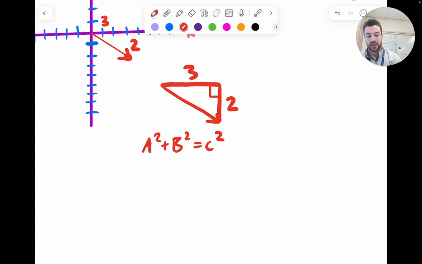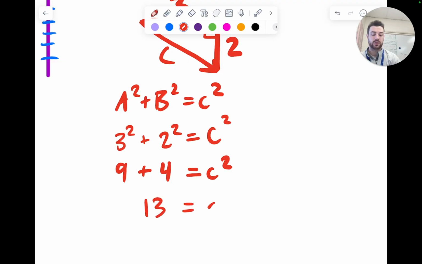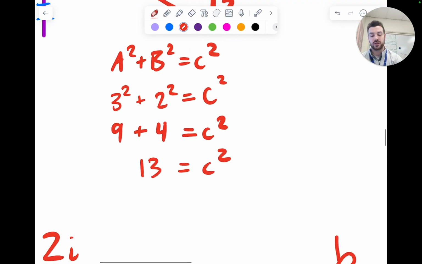So one length plus my other length equals my hypotenuse length squared. So we'll end up with 9 plus 4 equals c squared, or 13 equals c squared. In order to get the value of c, I need to take the square root of both sides.